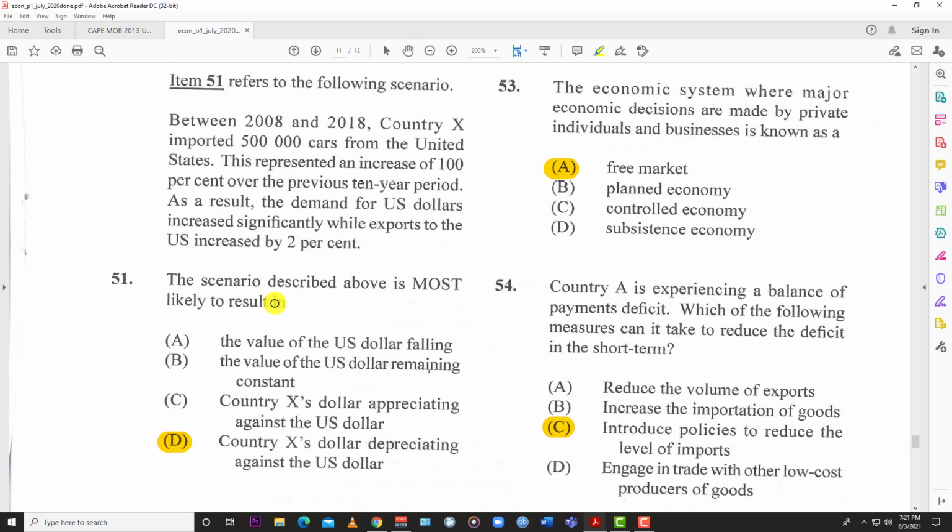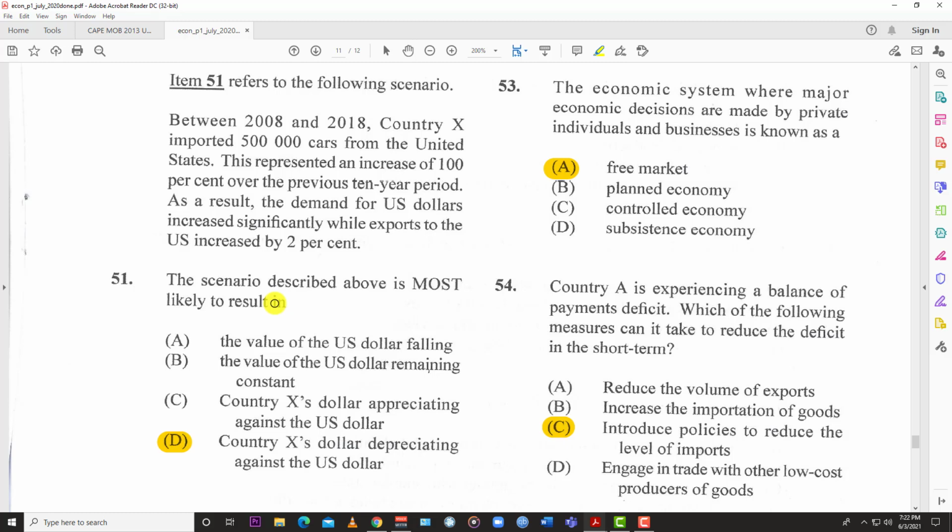Country X's dollar depreciating against the US dollar. Why? Because the demand is for foreign goods, and nobody really cares about the local currency. So the demand for the local currency is going down, and the demand now is for the foreign currency.